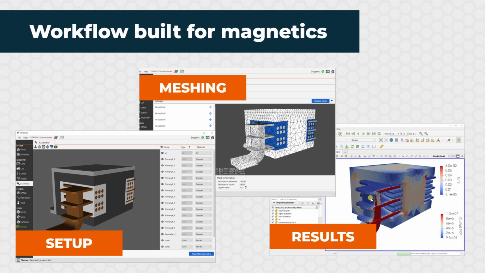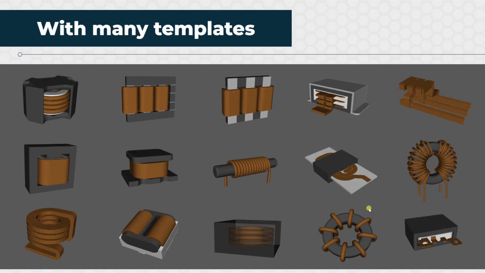And finally, you get results. TRAFOLO provides you some pictures and tables with all the information that you may need from the software. But additionally, you can manipulate those results to see more deeply where those losses are located, where those hotspots are, and so on and so on.